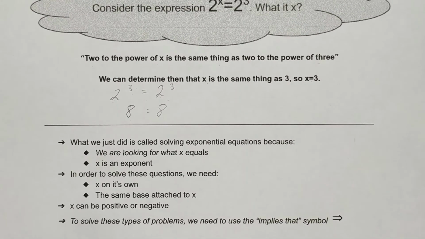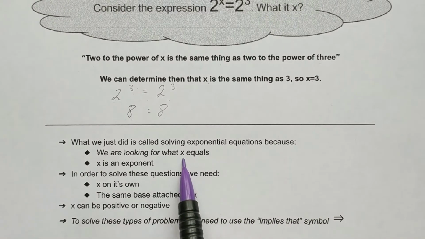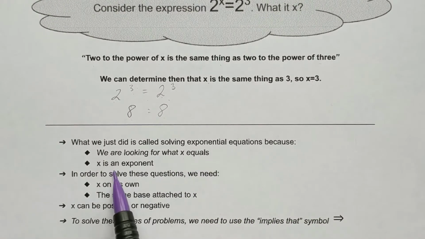What we just did is called solving exponential equations, because we are looking for what x equals, and x happens to be an exponent. In previous math classes, you have seen where x is just a regular old number and you need to use opposite operations, but these are a little bit trickier because we are dealing with an exponent.